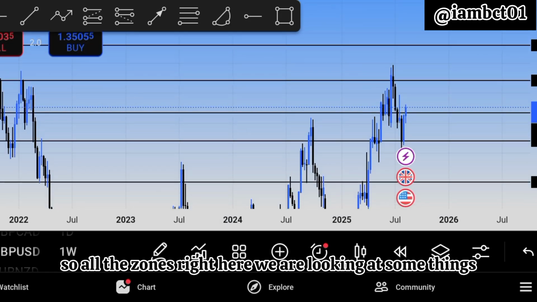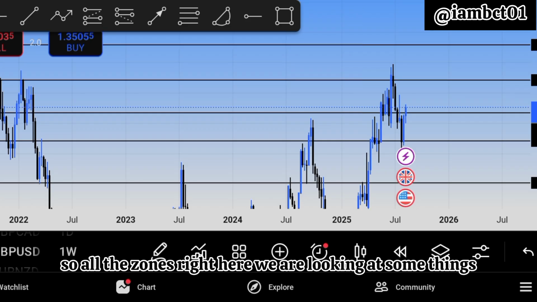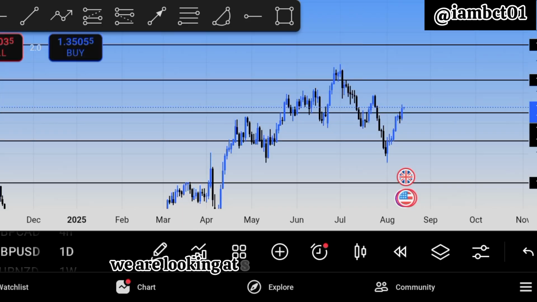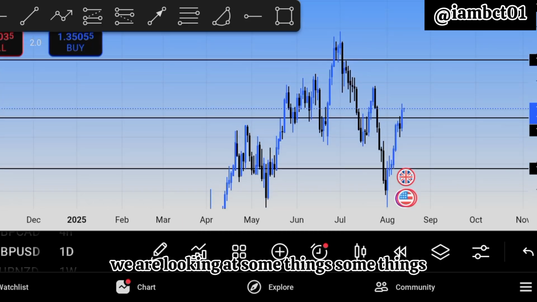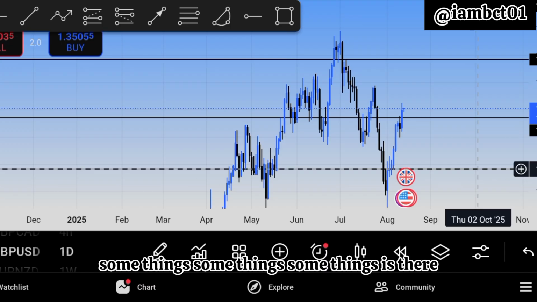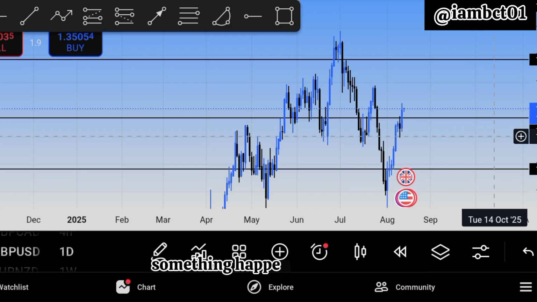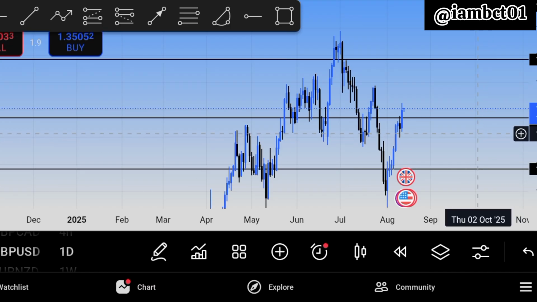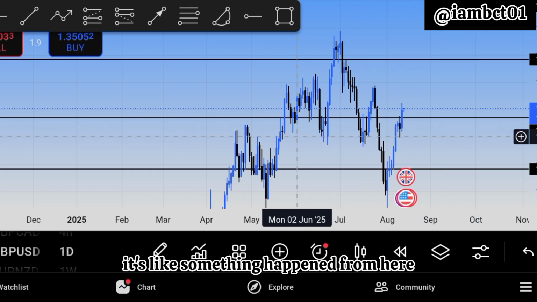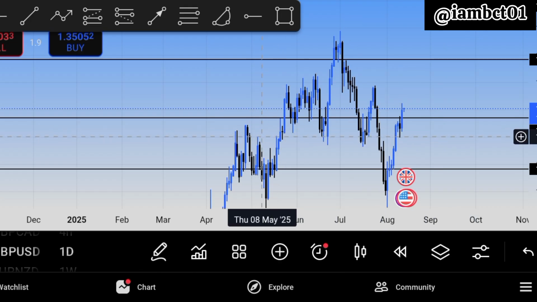So all the zones right here, we are looking at some things. Something happened from here. It's like something happened from here that I didn't see.